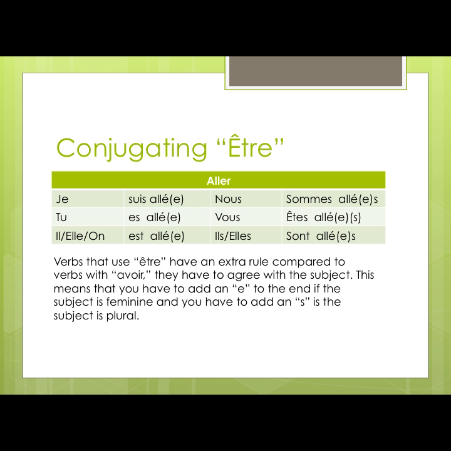This you're going to use only if your subject is feminine. So for me, being a girl, I would say je suis allée with an extra E on the end. But for you boys, you don't have to worry about that. And that's going to hold true for each type of subject that you have.